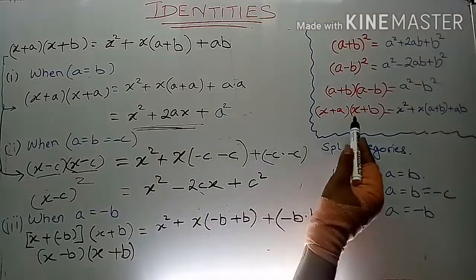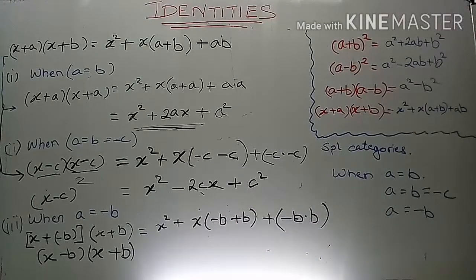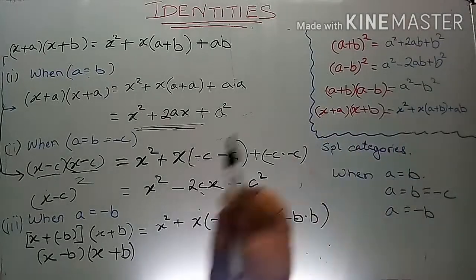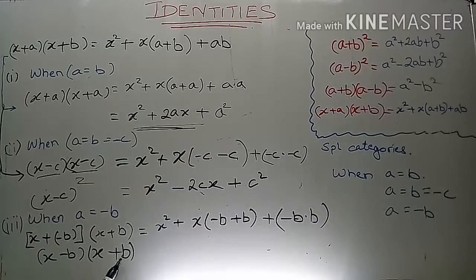Does it match with one of the formulas that we have already studied? Yes, the third one: first term plus second term, first term minus second term. So this gives me x square plus x into minus b plus b, which becomes 0.